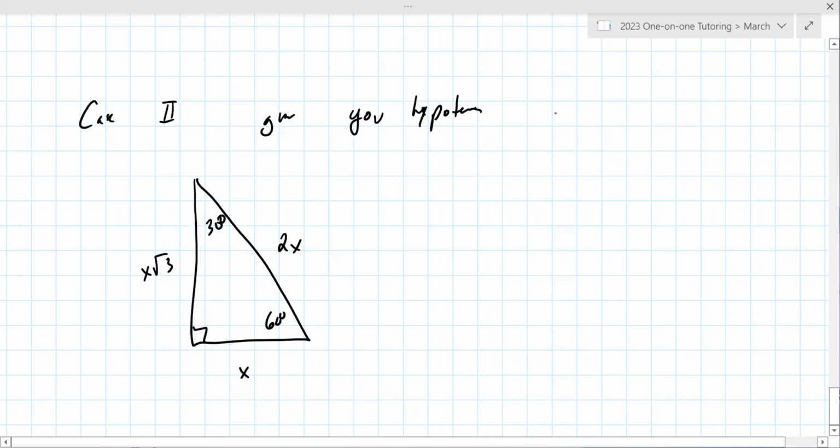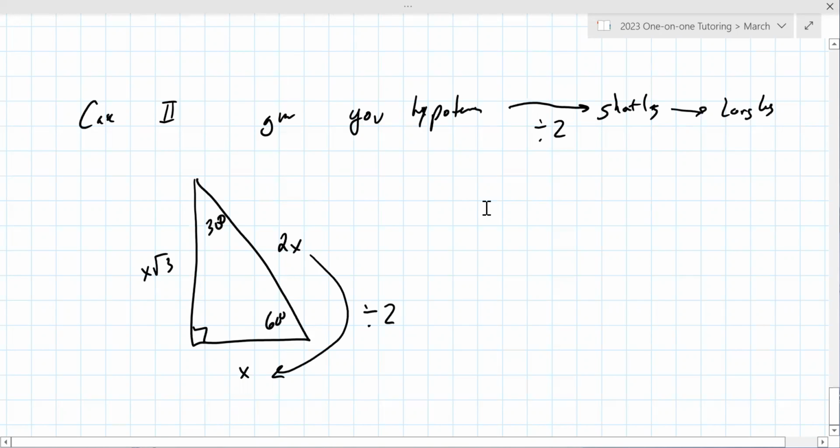If I give you the hypotenuse, you can find the short leg immediately because you're going from the 2x to the x, you will divide by 2. Do you see that? So you divide by 2 to get the short leg. From the short leg, you can get the long leg. Since you have the short leg x, to get the long leg, you multiply by the square root of 3.